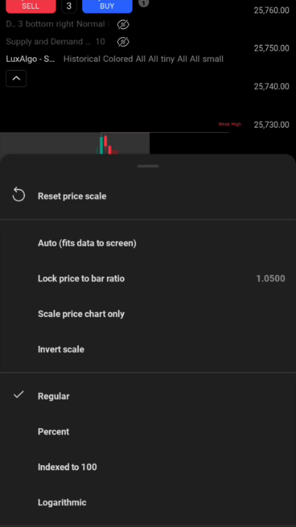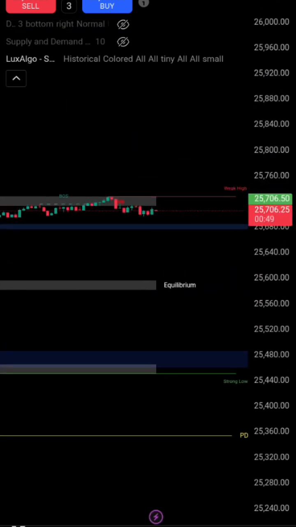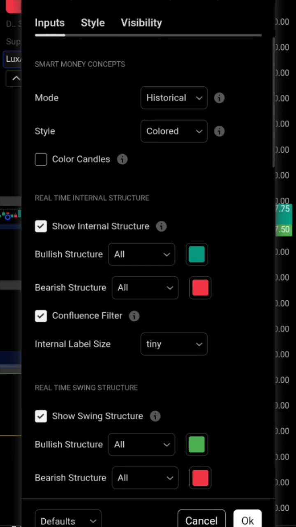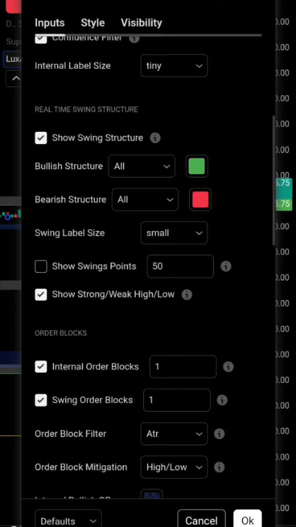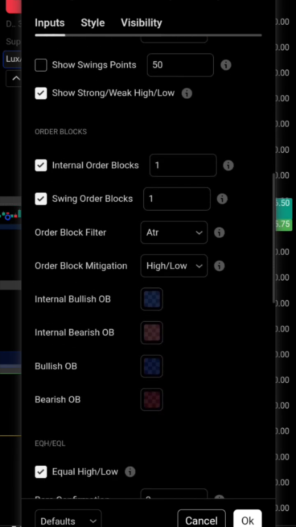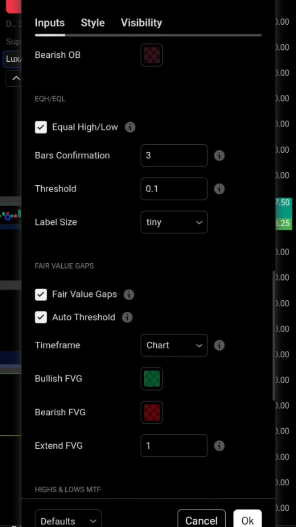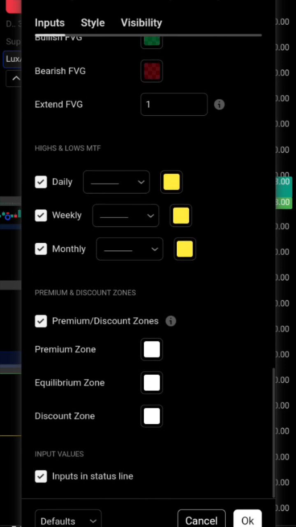And the reason why I like this indicator so much is because of all the features that you get with it. So if I go over to settings, then I go to input. These are all the settings that I have. I can do color candles. I can do market structure. I can do swing highs and lows, order blocks, fair value gaps, the daily highs and lows.